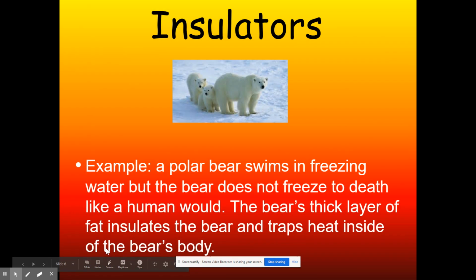Polar bears swim in freezing water, but they don't freeze to death because they have a very thick layer of blubber, a fat that insulates the bear. This fat is wrapped around the body of the bear, and what that does is it traps the heat inside the bear's body.